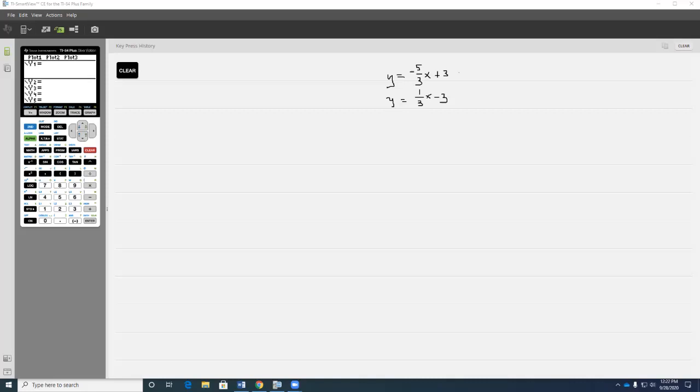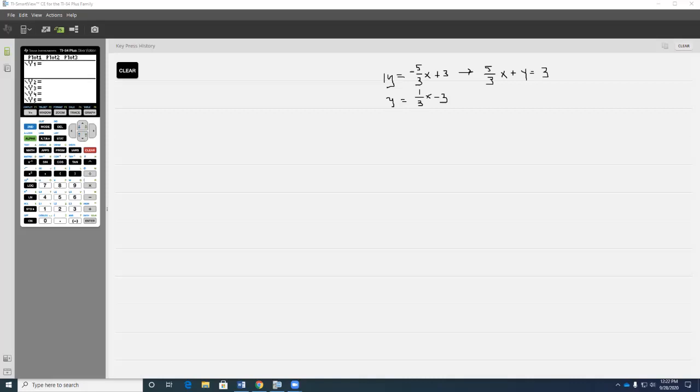In other words, I'm going to have to rewrite this one as positive 5/3 x. In other words, I have to take that negative 5/3 x to the other side. That will make it positive 5/3 x. And notice this is really 1y, so that's going to be plus 1y. I'm not going to write the 1 because we know it's there. And that's going to be equal to positive 3.